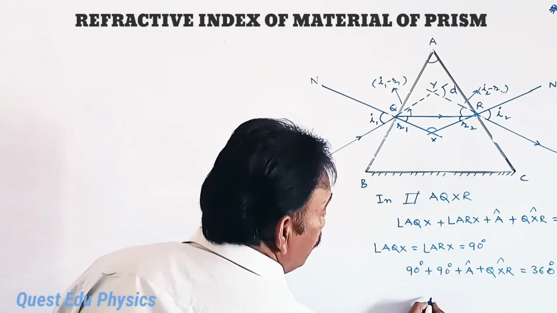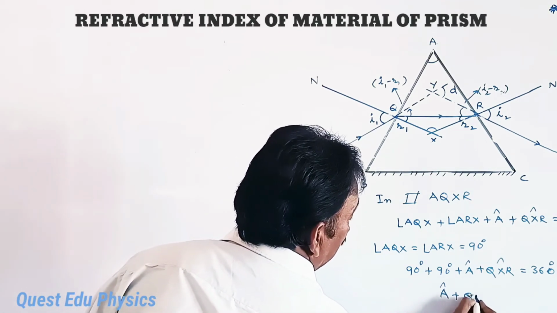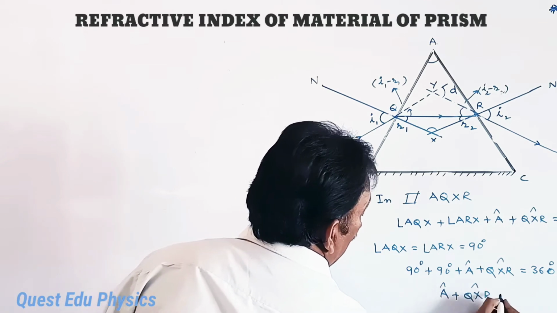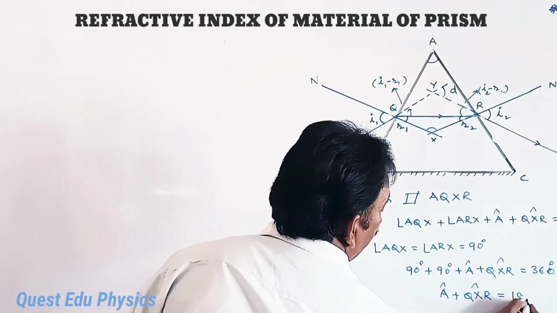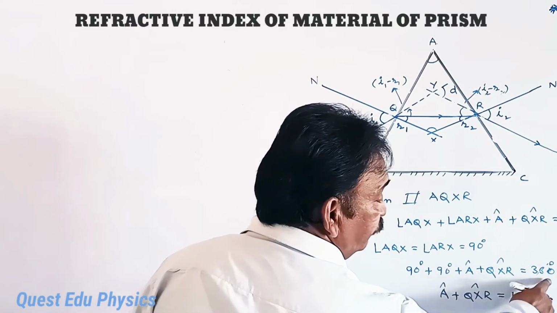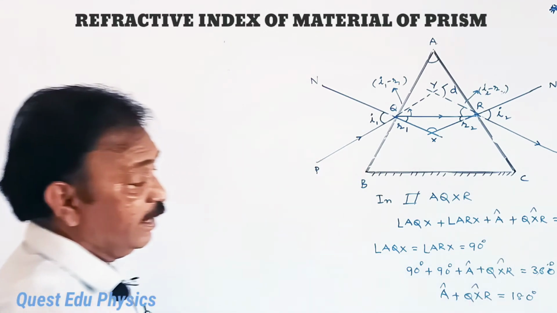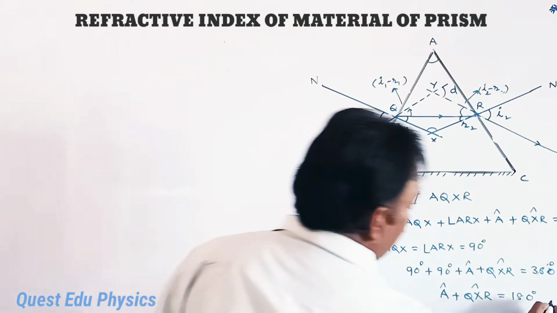Okay, students, and angle A plus angle QXR is equal to 180 degrees. Here 90 plus 90, 360 minus 180 is equal to 180 degrees, students. Let's take it as equation 1.